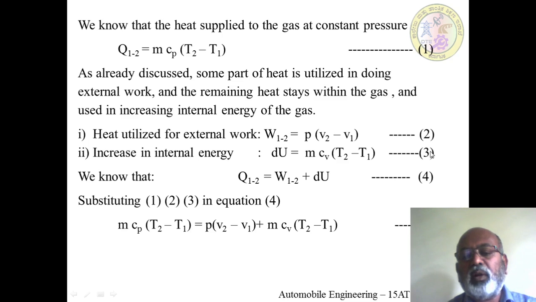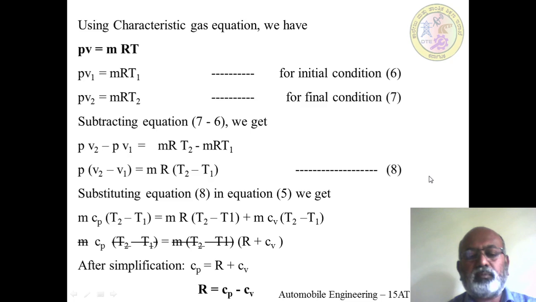If we add 2 and 3, we will get 1, that is the amount of heat supplied to the system. Whatever heat is supplied to the system has become work and internal energy. That is, Q1-2 is equal to W1-2 plus internal energy, which is equation number 4.